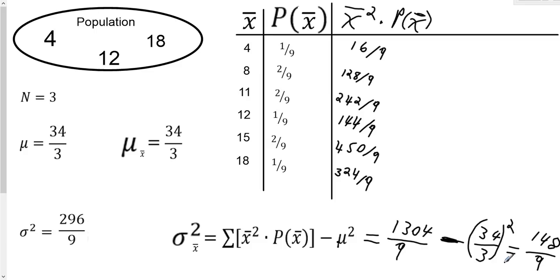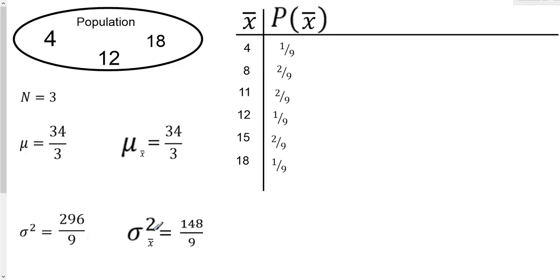So the variance of this sampling distribution is 148 over 9. Here we go. That means that sigma squared of x bar is 148 over 9. Now let's compare these. It turns out that this number that I found for the population variance, 296 over 9, is related to the sampling distribution variance.